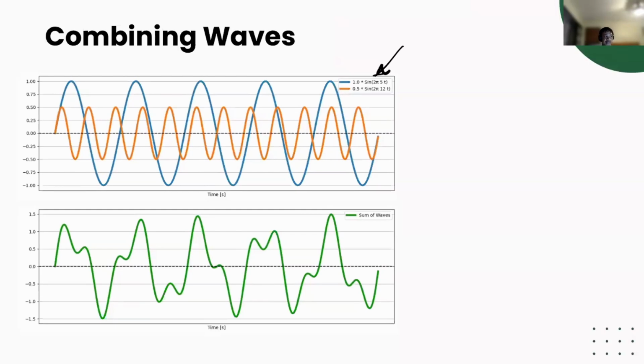And so it may not be immediately clear what the frequency of this combined wave may be. So now the question is, can the Fourier transform somehow reverse this process of mixing these waves so that we can see the individual components of the frequencies? So that's the key idea. Okay.